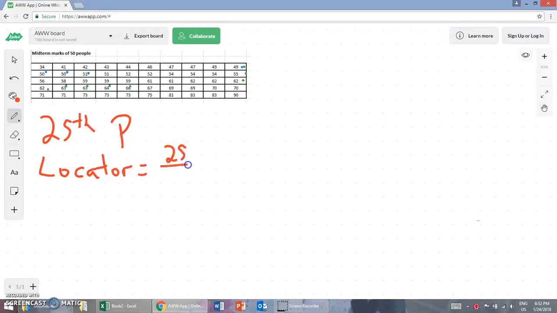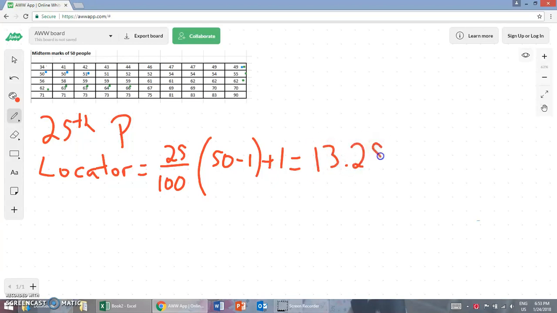So 25, the percentile we're looking for, divide by 100, multiplied by n, which is 50, subtract 1, and add 1. The location of this is 13.25. So the 25th percentile is located at position 13.25. Once again, somewhere above the 13th but below the 14th value.